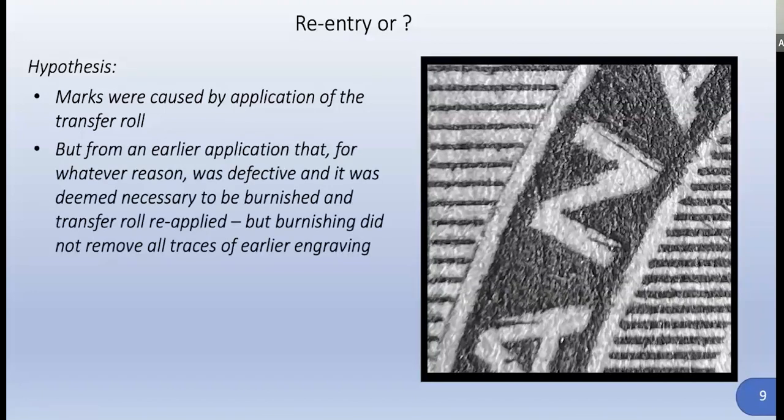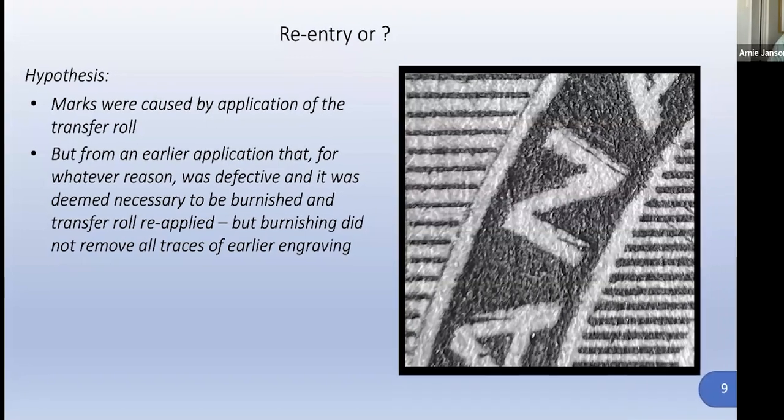But my hypothesis is that these marks are from an earlier application that for whatever reason was defective and was deemed necessary to be burnished. Burnished is the removing of the old engraving or the old marks, the old image. And then the transfer roll was reapplied. But burnishing did not remove all traces of the earlier engraving. That's understood.